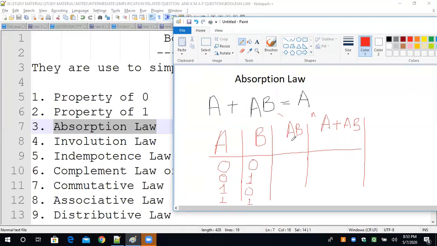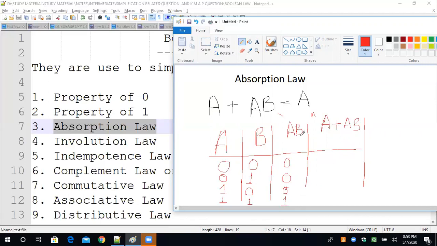No problem. In this column, we are doing A multiplied by B. So 0 multiplied by 0 is 0. 0 multiplied by 1 is 0. 1 multiplied by 0 is 0. And 1 multiplied by 1 is 1. No problem.